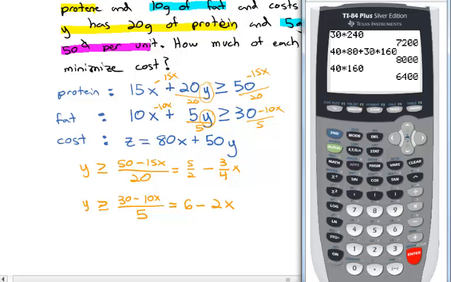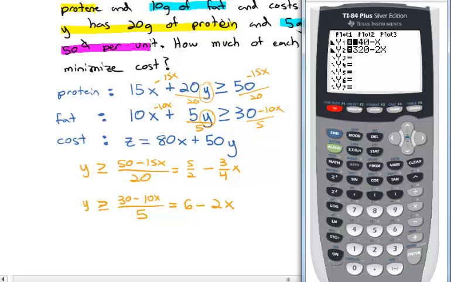So that's what we're going to graph in our calculator. Go to y equals. We'll hit clear, enter to clear out the old inequalities. Our first inequality is 5 halves, that's about 2.5, minus 3 over 4x. The second inequality, 6 minus 2x.